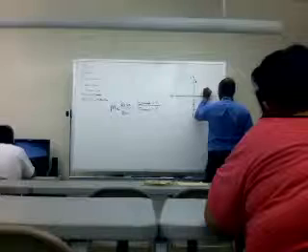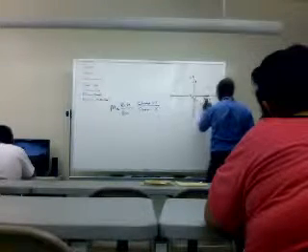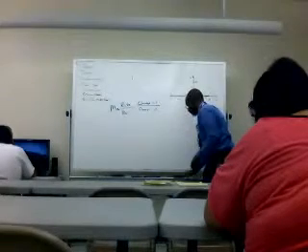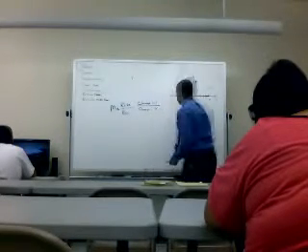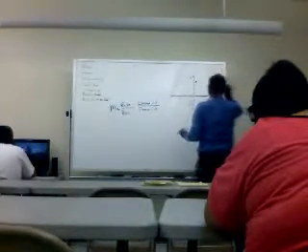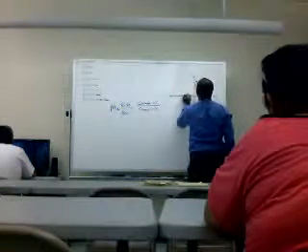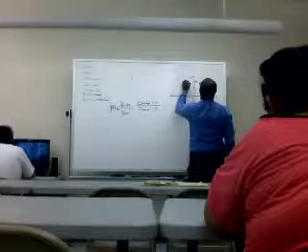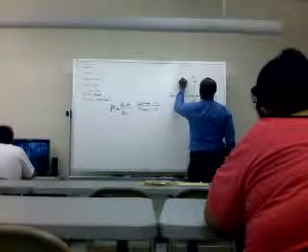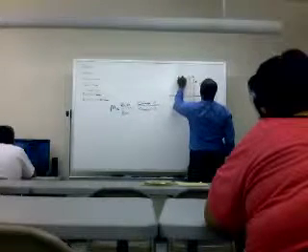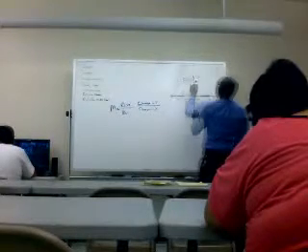This is 4, 3, or over 4 and up 3. And let's say our other point is over here at -1 and 5. Back 1, up 5.